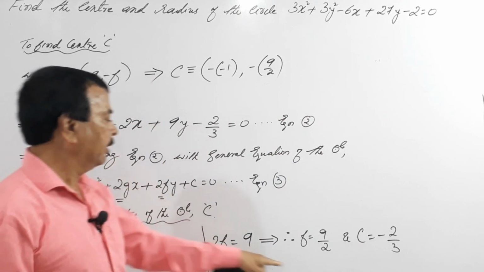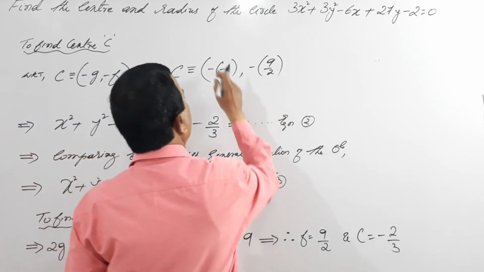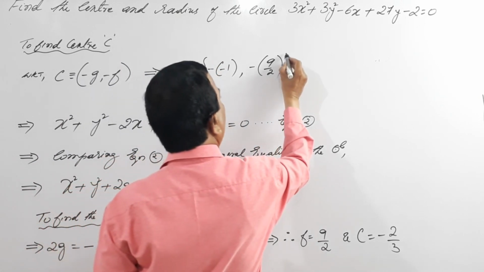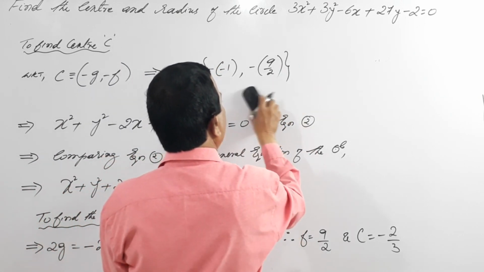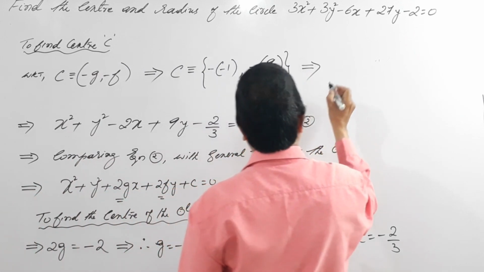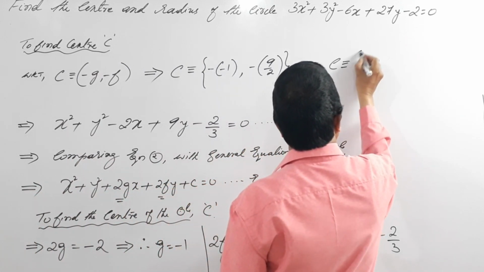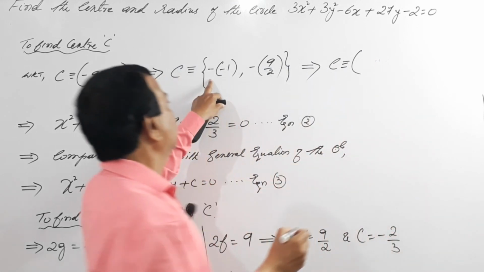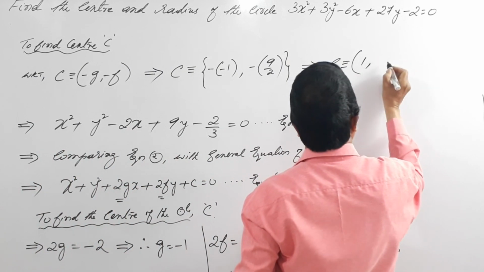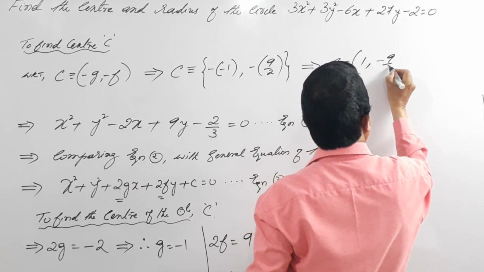What is the value of f? f is 9 by 2. I will make it a lower bracket. There cannot be two small brackets. Therefore, c will be minus into minus plus 1, comma, minus 9 by 2.